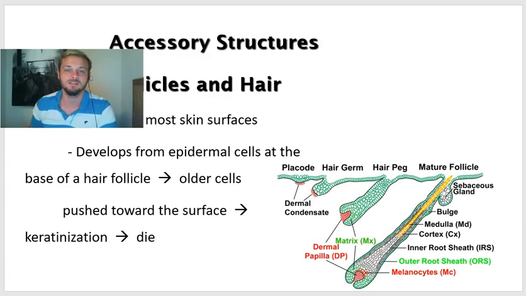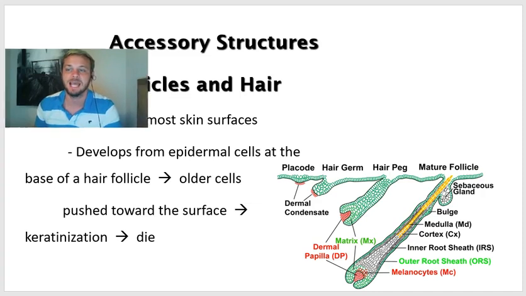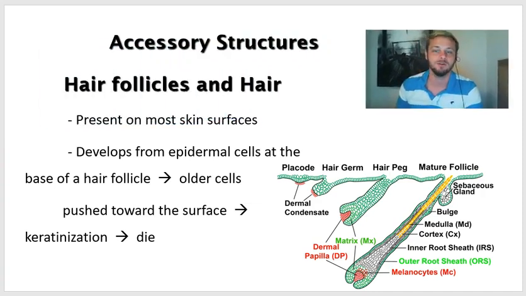So of our accessory structures, the first one we're going to talk about is hair and your hair follicles. So this is showing how a hair follicle develops from when you're a baby, so the development of it. Hair grows out from down here.